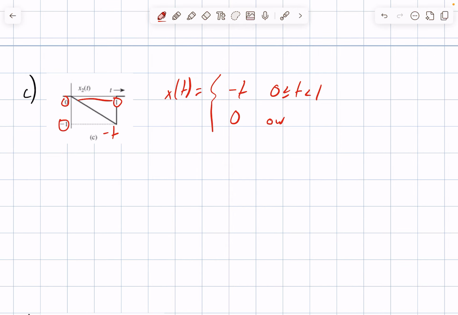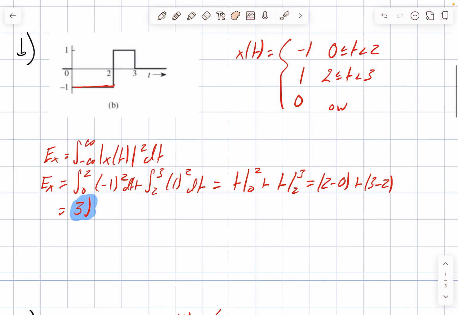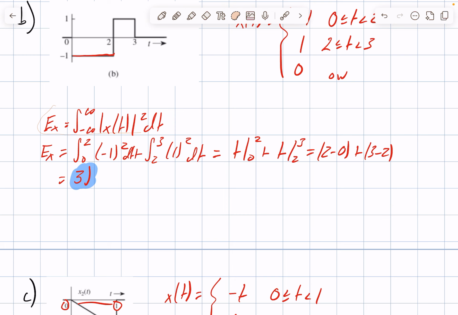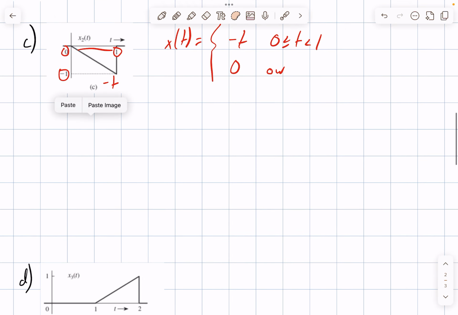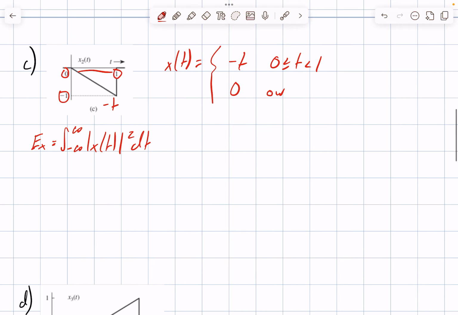So we'll go ahead and plug this into the energy formula like last time. And let me get that here just to make sure we have it so we don't get confused. And so we'll plug this in. So E is equal to the integral from 0 to 1 of (-t) squared dt.